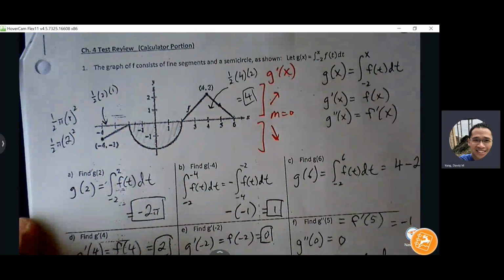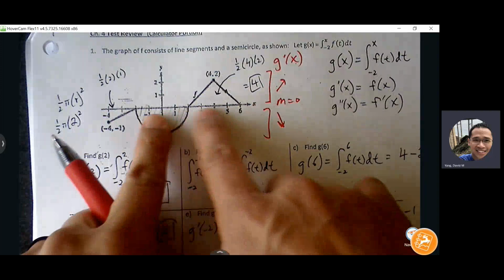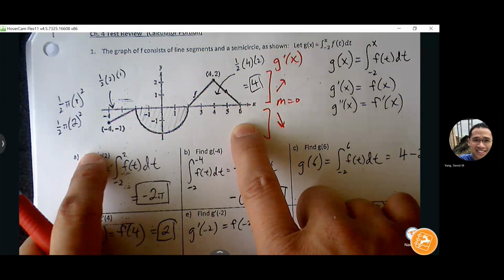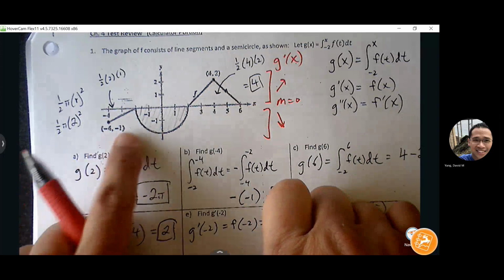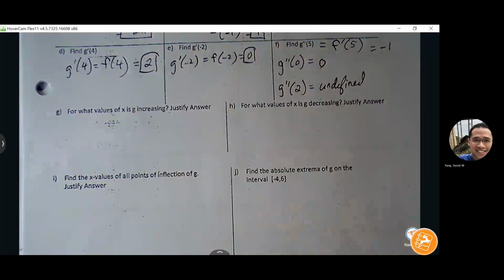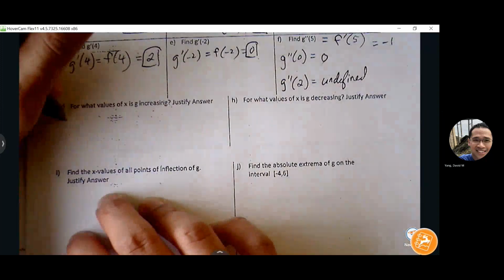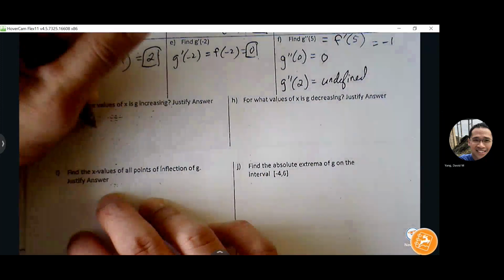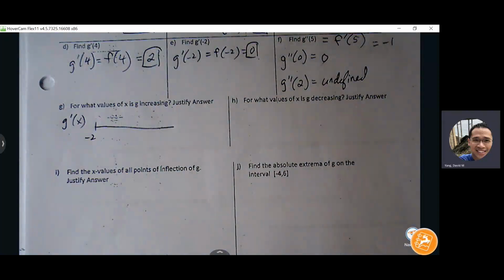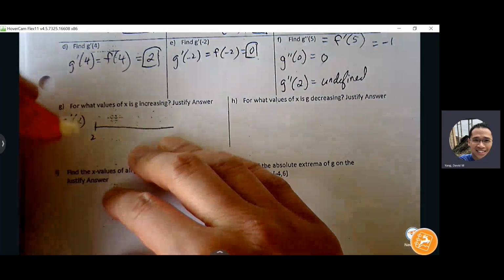So let's build our slope sign line. Where is our critical point? -2 and 2. Oh, I'm sorry. Those are the endpoints. -2 and 2.